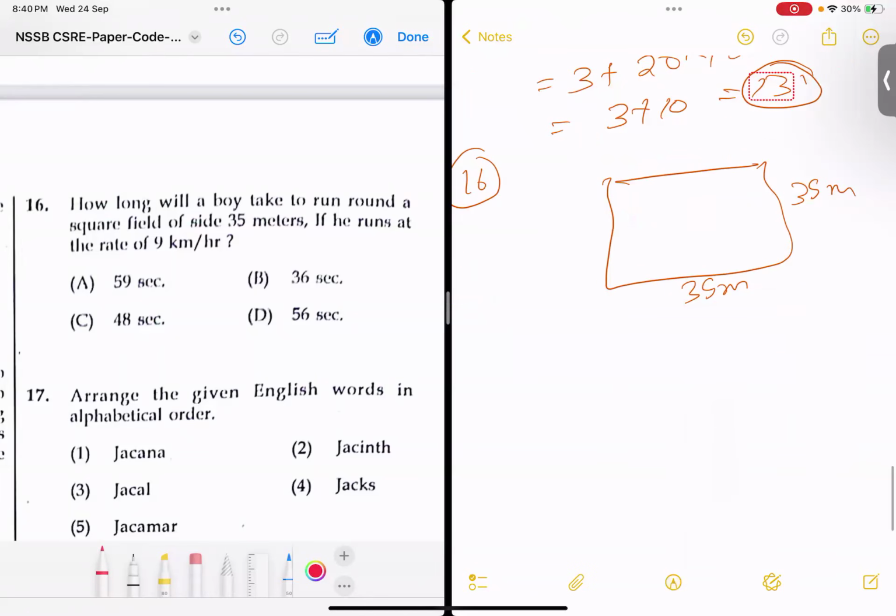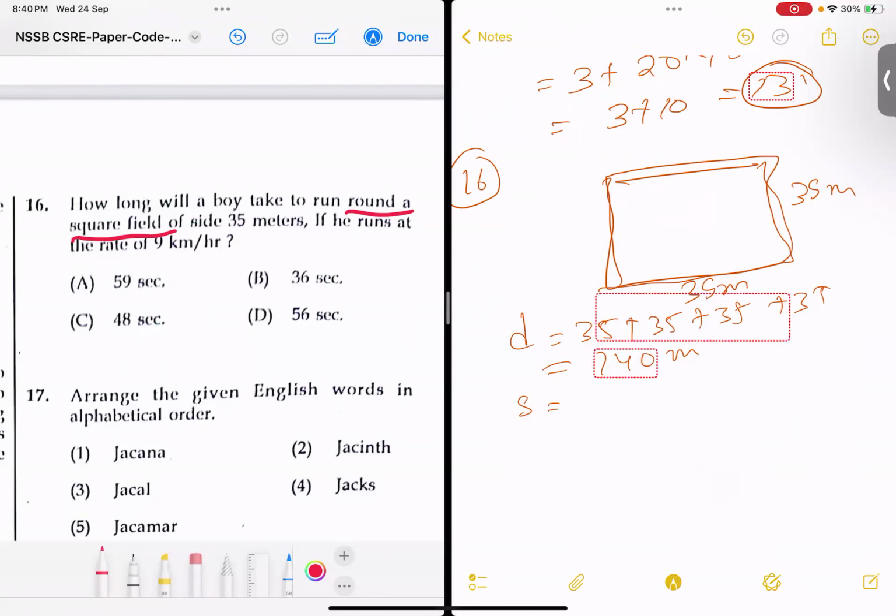So he has to run around the square field, which means he has to complete this entire length. So distance is equal to 35 plus 35 plus 35 plus 35, which is equal to 140 meters.